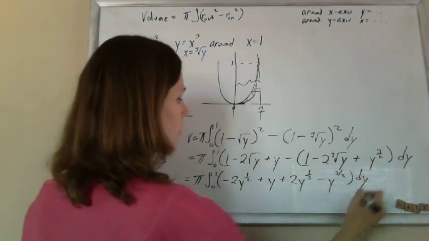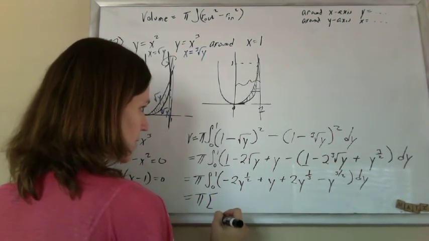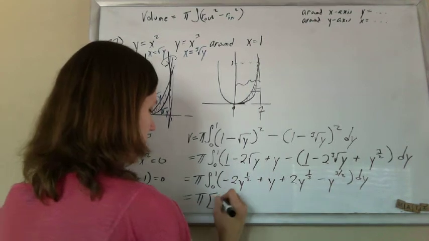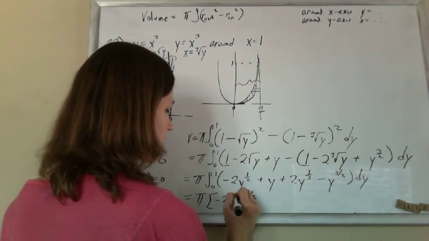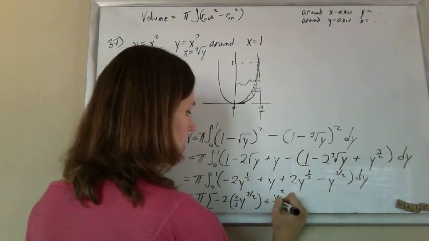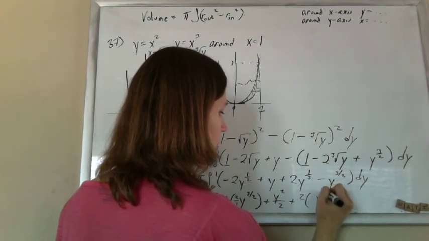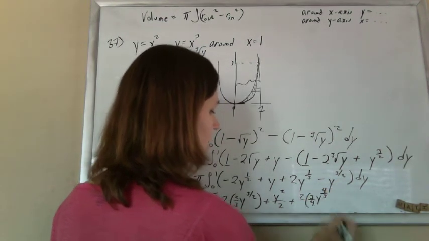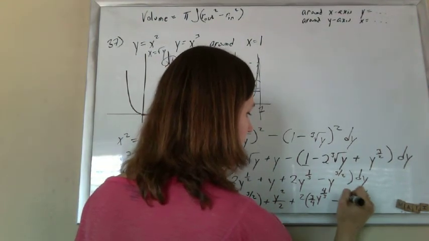Alright, fine. And so now take the antiderivative of each piece. Ugh. So it's minus 2 y to the 3 halves times 2/3 plus y squared over 2 plus 2 times y to the 4/3 times 3/4 minus y to the 5 halves times 2/5.